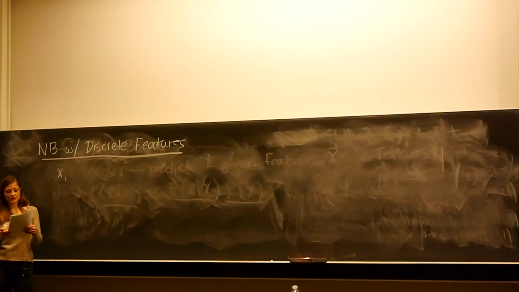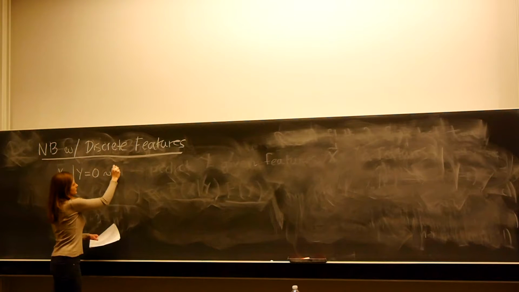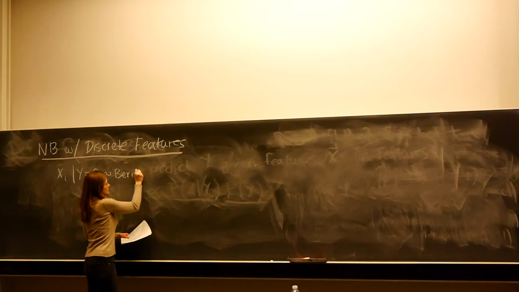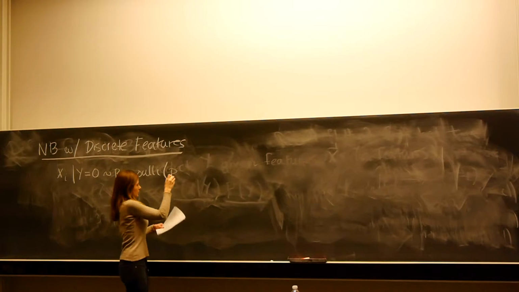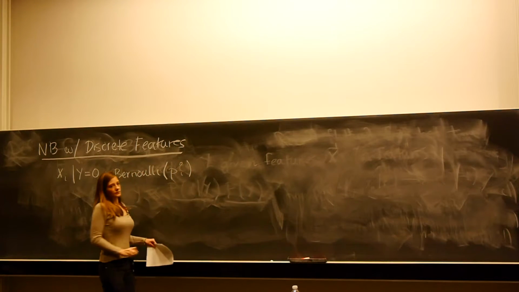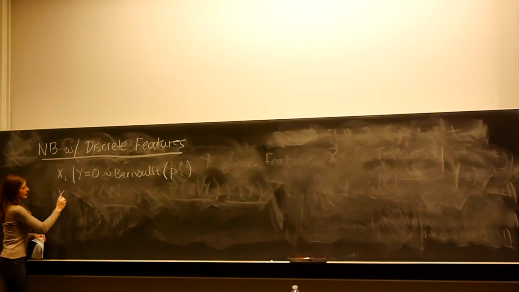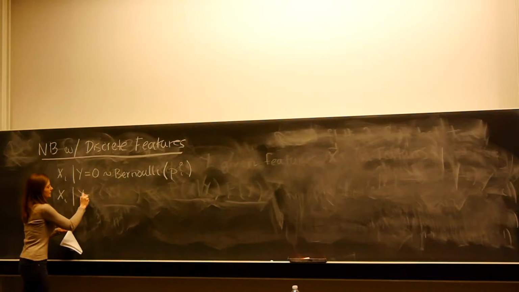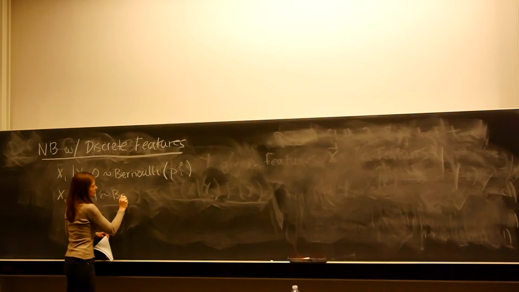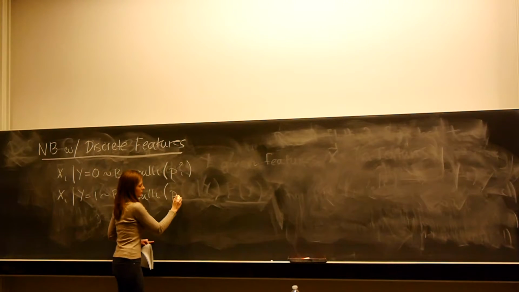So if your features are binary valued, then you might assume that xi given y equals 0 is Bernoulli with some parameter p sub i0. And then you need a second distribution for xi given y equals 1. So again, we'll assume this is Bernoulli with a different parameter.